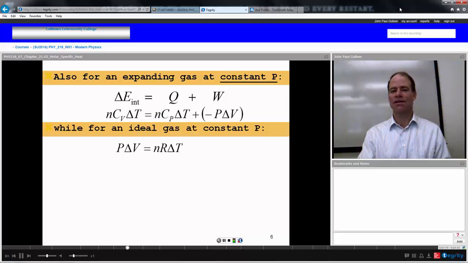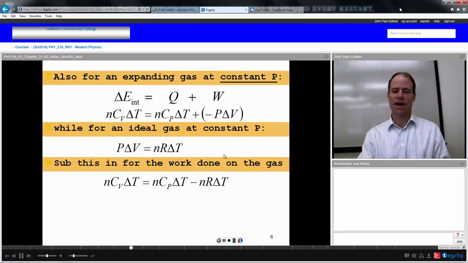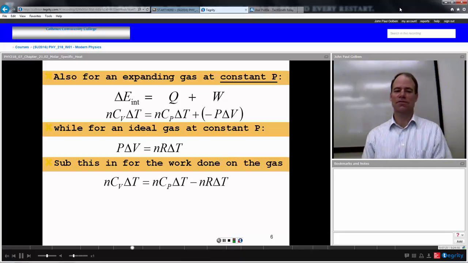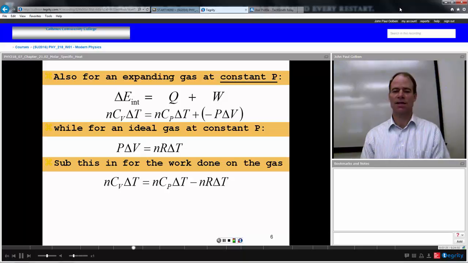Note for our ideal gas, PV equals nRT, so P delta V equals nR delta T. We're going to substitute this in for ideal gas into this previous equation. We now have this: number of moles, C sub V delta T equals number of moles C sub P delta T minus number of moles R delta T. Number of moles cancel out.